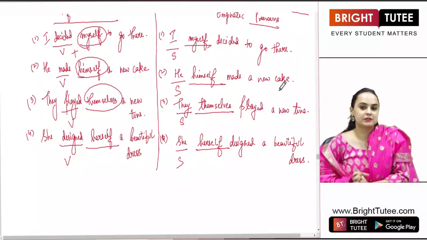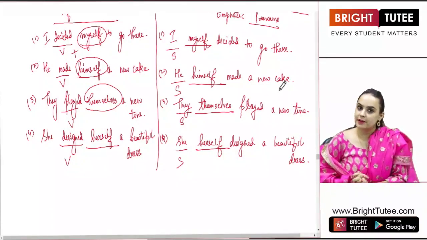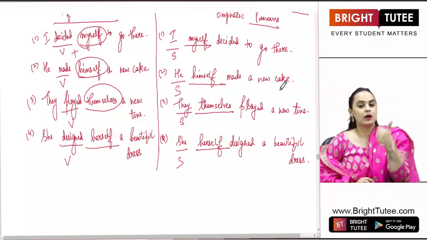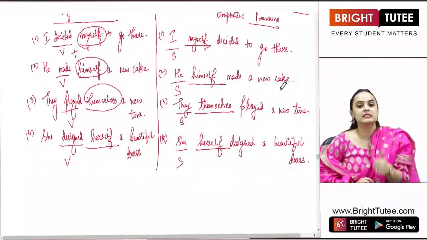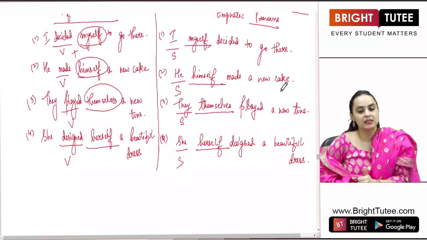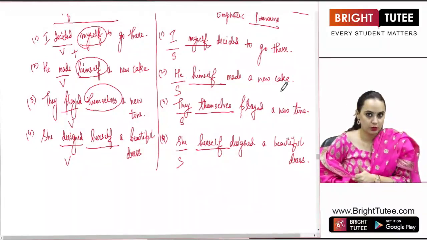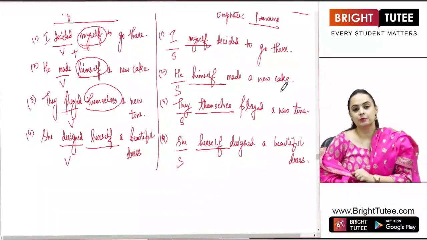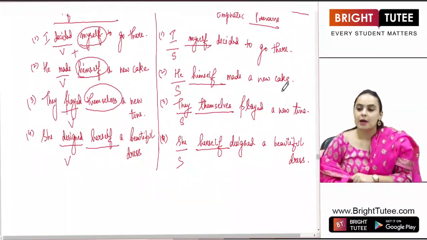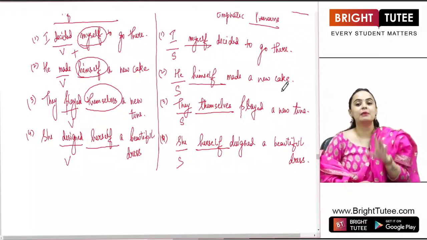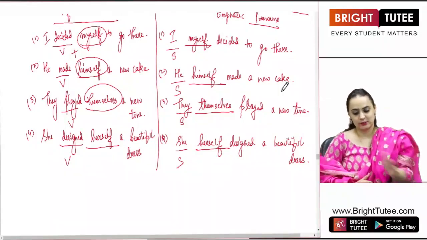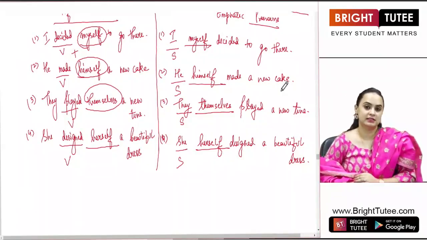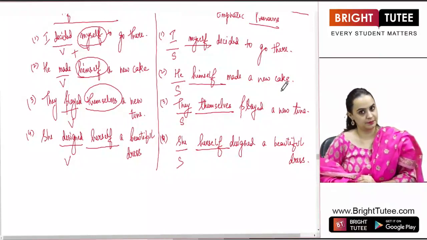So what is the difference between reflexive and emphatic? A reflexive pronoun will always be preceded by a verb because it is the object of the verb, whereas an emphatic pronoun will always be preceded by the subject because it is laying emphasis on the subject. So this is the clear distinction between them.